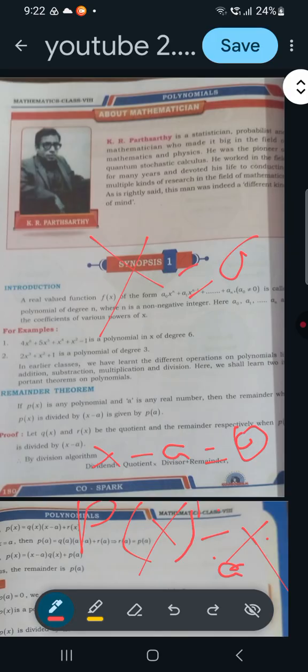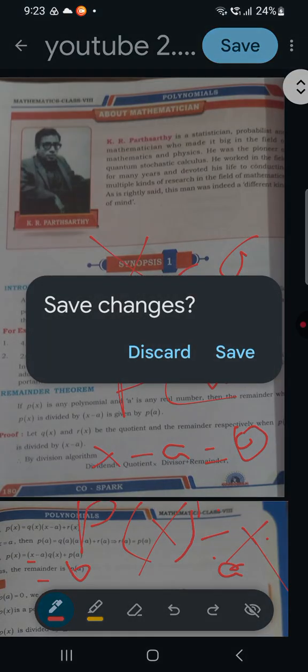Changing sides, the remainder is 0. The remainder is 0 over here, which means the f of x value is p of a. We proved it. Many people will be confused how it is given by p of a.